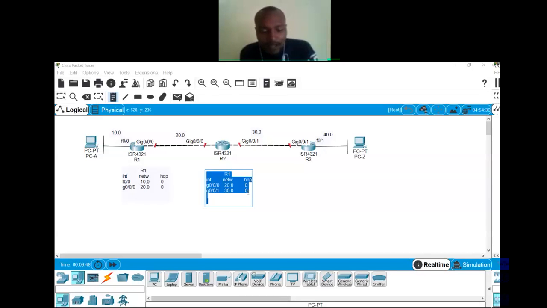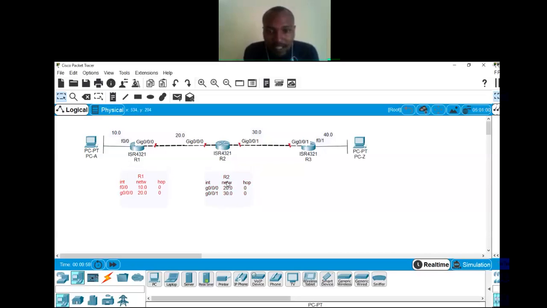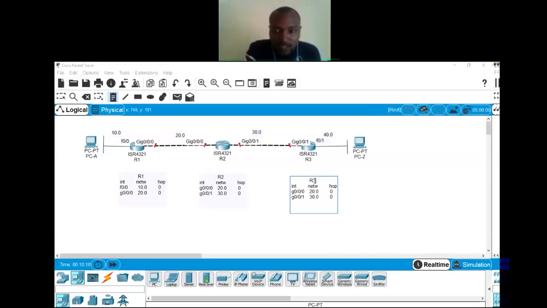And then I'll Control A, copy. So R2 doesn't have any other directly connected networks except those two networks. So we shall move now to R3. I'll change that to R3. R3 also has several pieces of information.